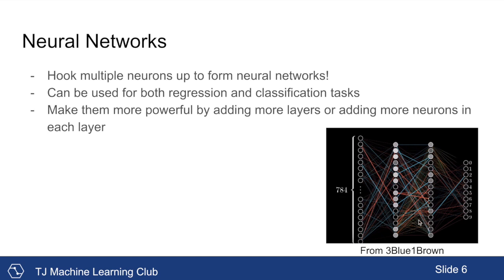This neural network is actually solving the MNIST dataset challenge, which you will get to do soon, where we have a 28 by 28 pixel image, a grayscale image of some number. We take each of the pixel values, and there's 784 pixels because it's 28 by 28.